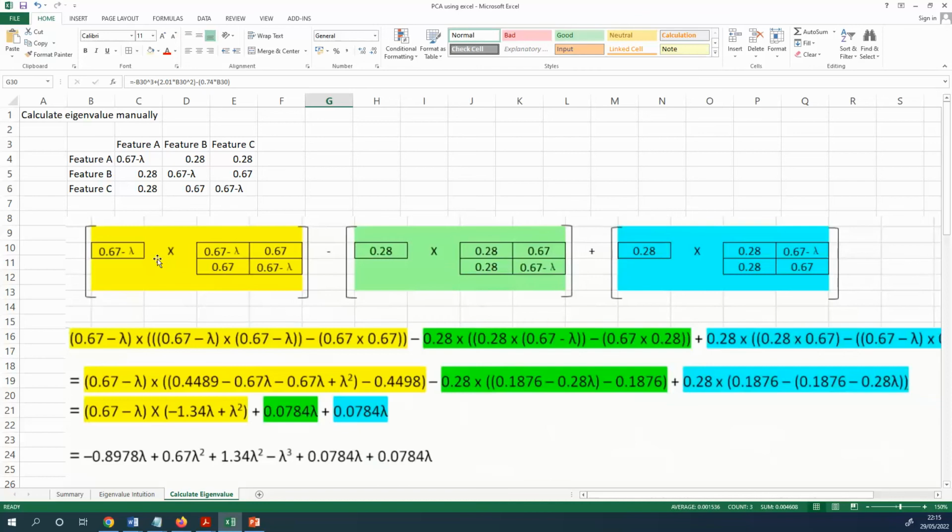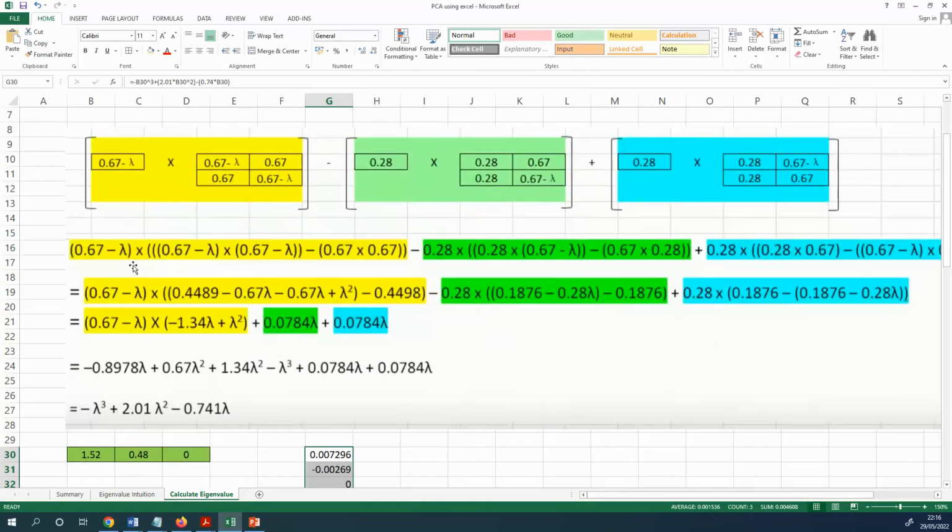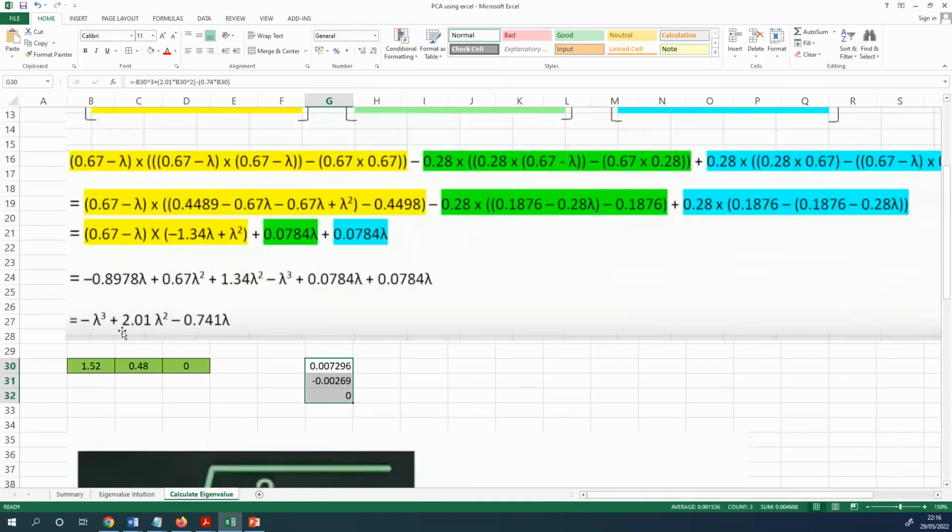We have the matrix like this, and then we expand it like this until the final form: minus lambda to the power of 3 plus 2.01 times lambda to the power of 2 minus 0.741 times lambda. When we input the lambda, it should be equal to 0.